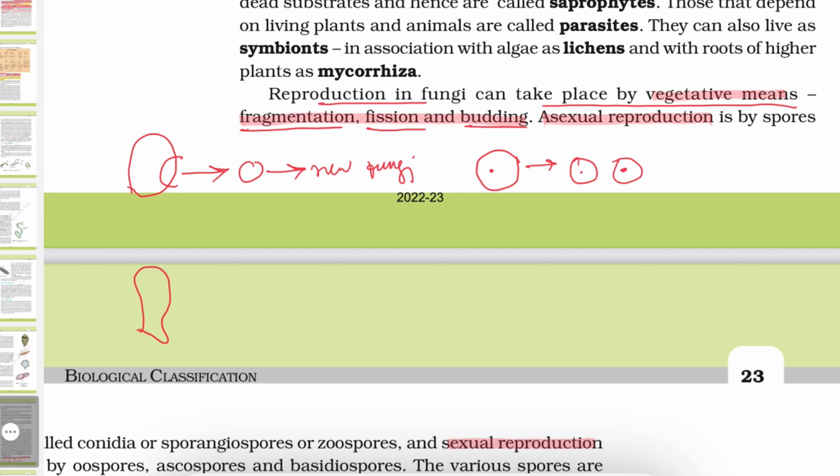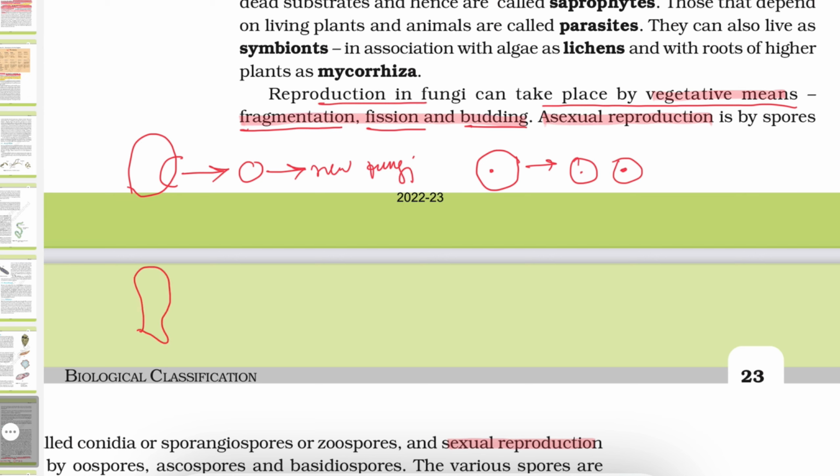Now if you see the sexual cycle, means the cycle of sexual reproduction of the fungi, it involves three steps. The first one is fusion of protoplasm between two motile or two non-motile gametes, that is called plasmogamy. Then fusion of two nuclei takes place, that is called karyogamy.